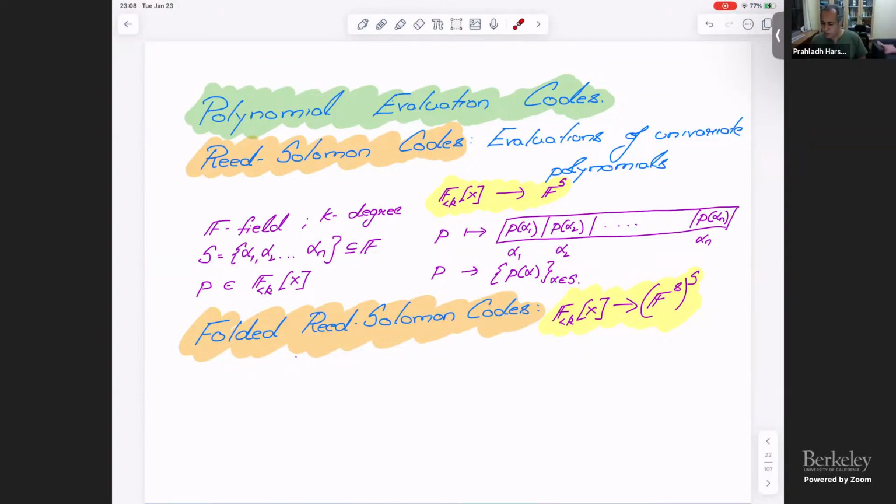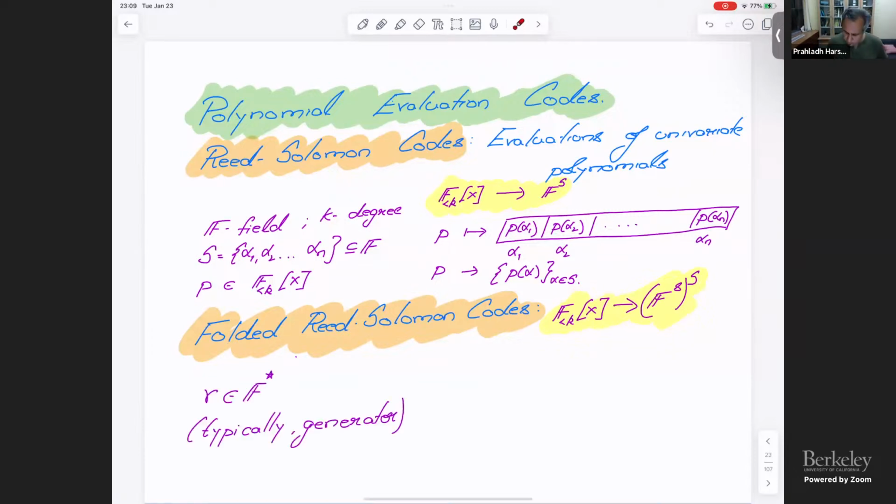It primarily came from the motivation of Parvaresh and Vardy, who noticed that even though we knew that Reed-Solomon codes were list decodable up to the Johnson radius, and people wanted to know if they're list decodable beyond the Johnson radius, if the evaluation points were bunched up together in some particular fashion, then you could beat the Johnson radius. And the folded Reed-Solomon code was introduced as a particular way of bunching up the evaluation points.